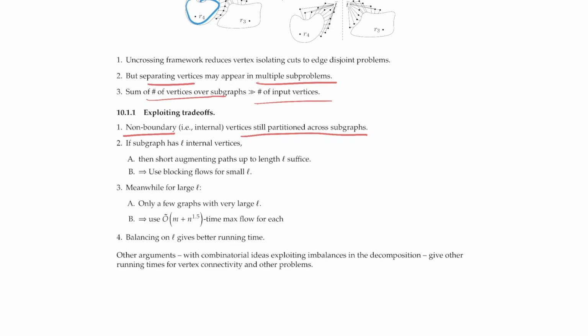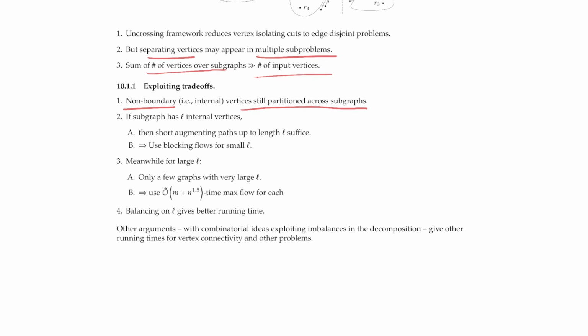Now what if there are a lot of internal vertices? The blocking flow isn't really getting you anything. That turns out to be okay because, by a Markov type argument, there can only be a few graphs with way larger than average L. And so we'll just run a full state-of-the-art max flow algorithm for each of these limited number of subproblems.